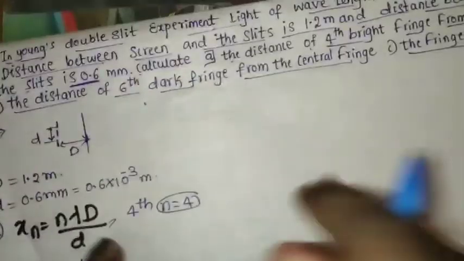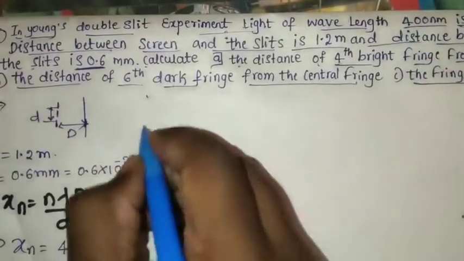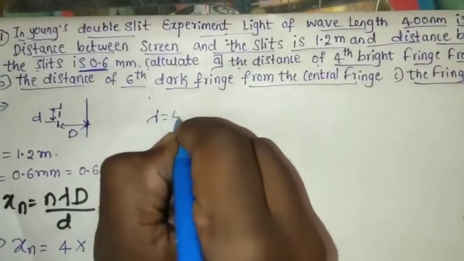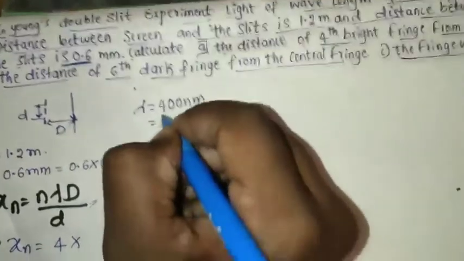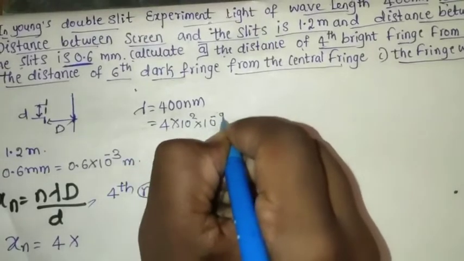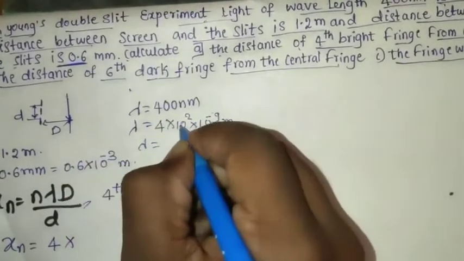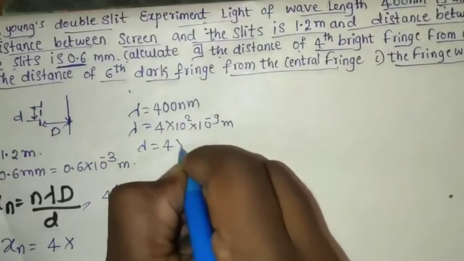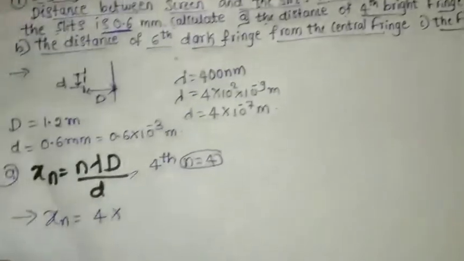The wavelength lambda is 400 nanometer, that is 4 into 10 to the power 2 into 10 to the power minus 9, which becomes 4 into 10 to the power minus 7 meter.